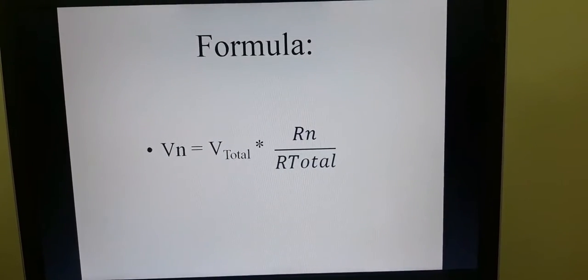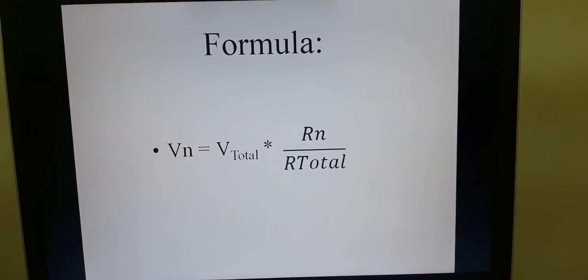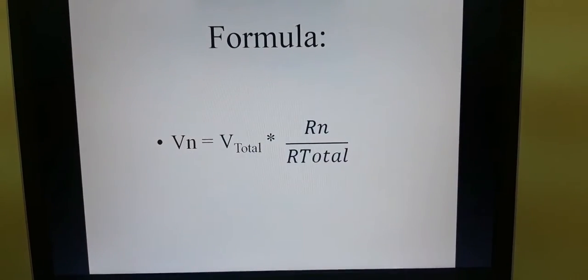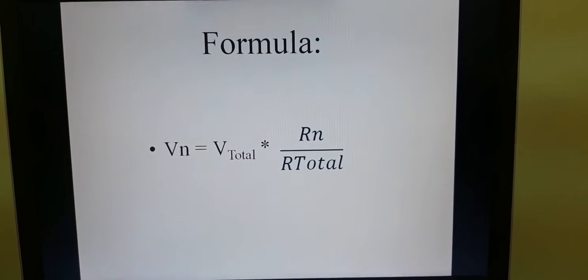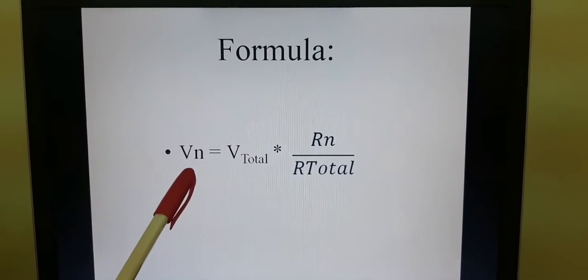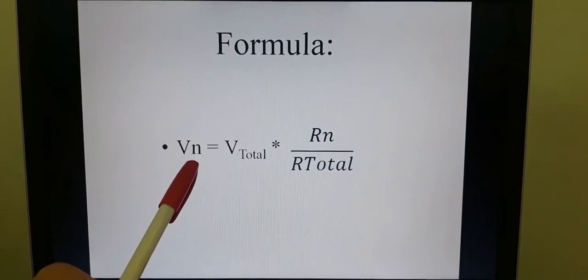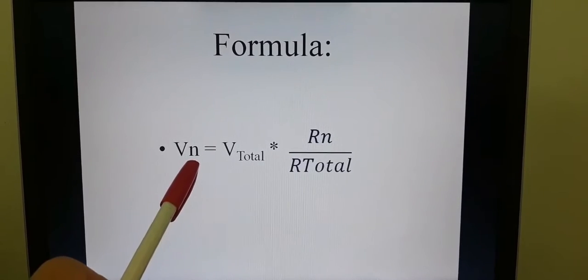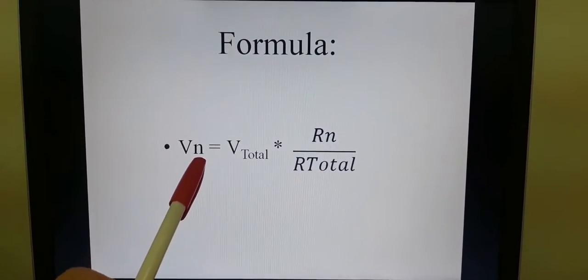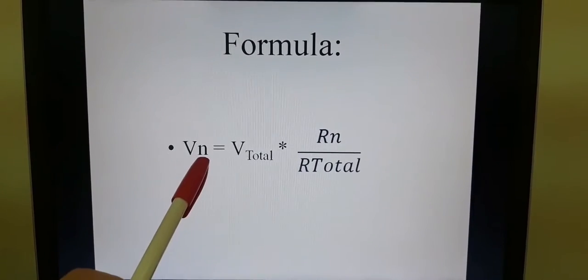So this is the formula that we're going to use to find out the individual voltage drop of our lesson for today. So Vn, meaning this is the voltage drop of a specific resistor, like for example voltage drop in R1.